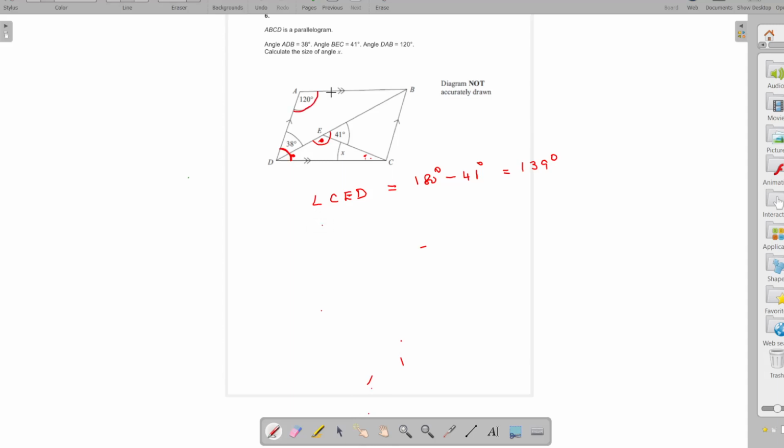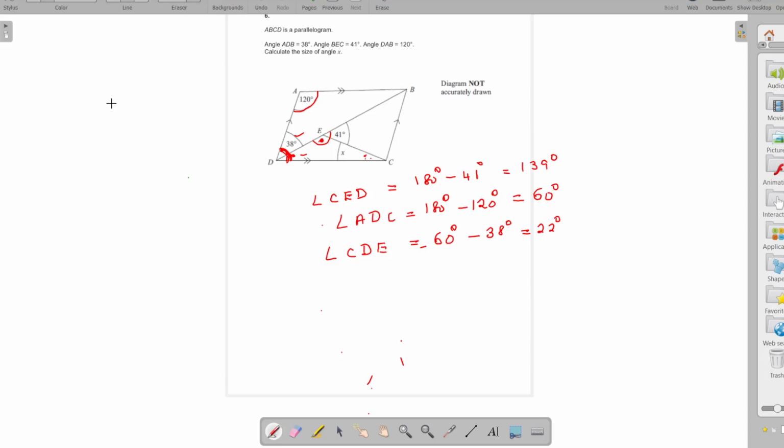This is 120. The lines are parallel, so internal angles add up to 180. So angle ADC is 180 minus 120, which is 60. So we know this is 60. If we know this 60, we know this is 38, we can find that. Therefore, angle CDE is 60 minus 38, which is 22.